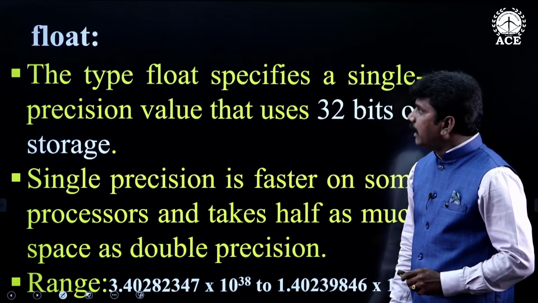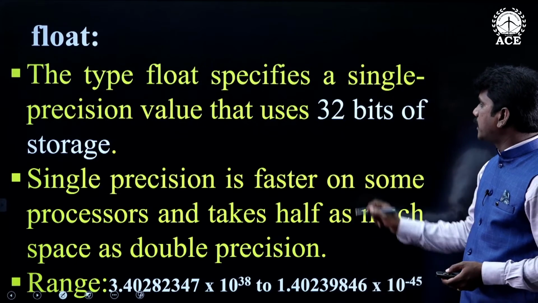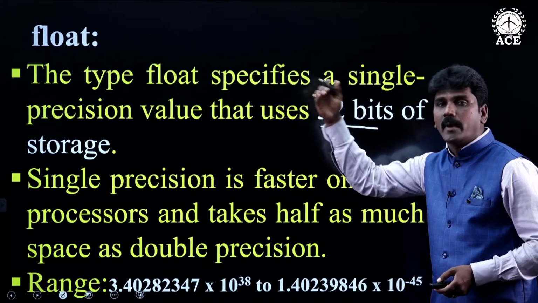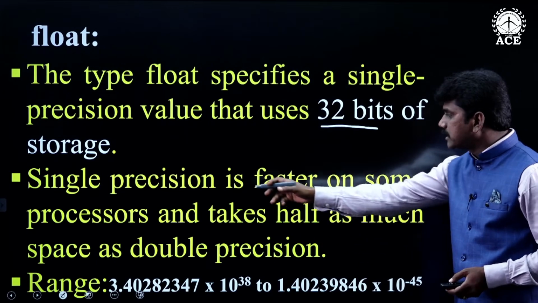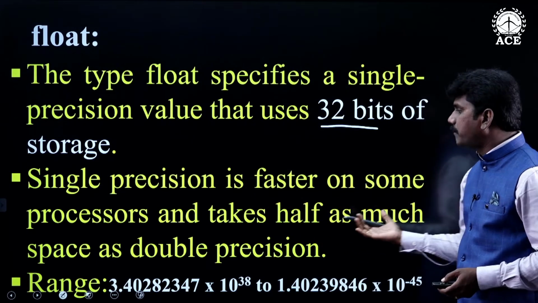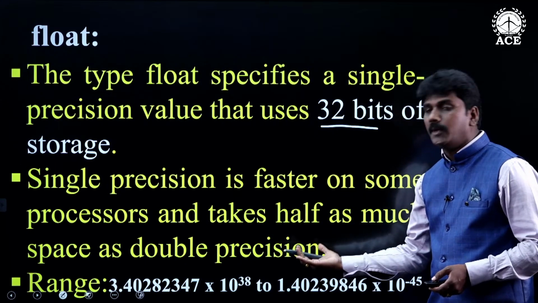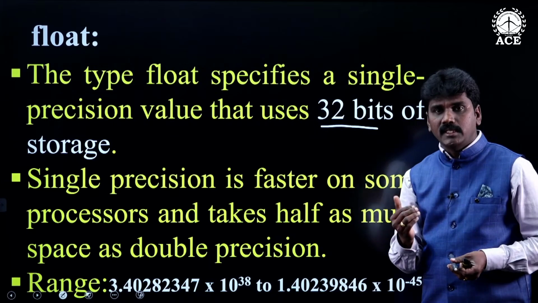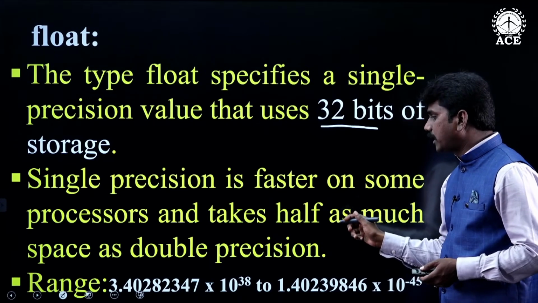The size of the float data type is 32 bits, that is 4 bytes. Single precision is faster on some processors and takes half as much space as double precision because it is 32 bits. It gives less accuracy, but it computes faster.